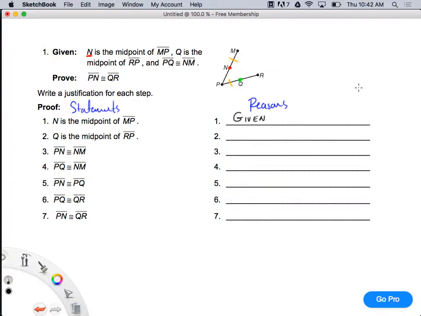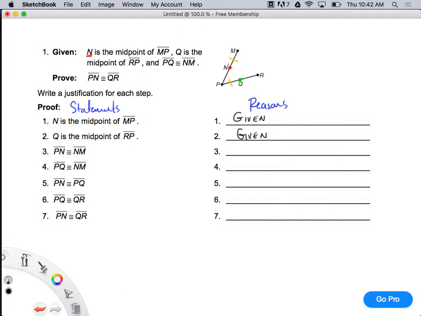The next statement is Q is the midpoint of RP. Again, it's given. Okay, so you should be filling it out with me. Then it says PN is congruent to NM. Well, here's PN and here's NM. How do I know that those two line segments are congruent?